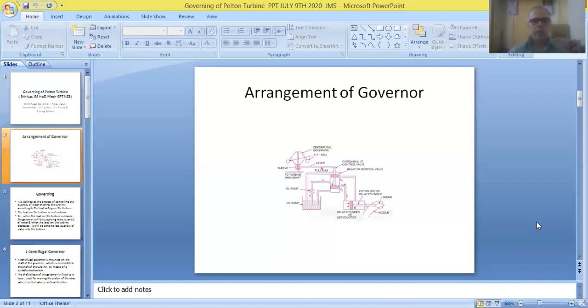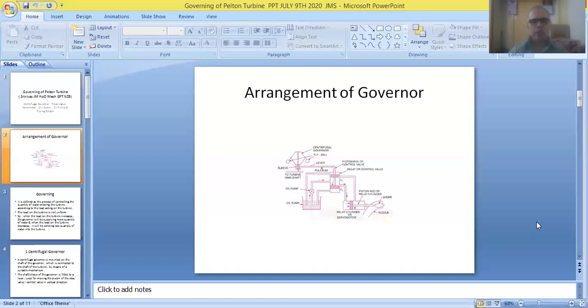And secondly, we can see the arrangement of a lever that is called the main lever. The left end of the lever is fitted to the governor, and the right end of the lever is coming in contact with the piston that is arranged inside a relay valve.